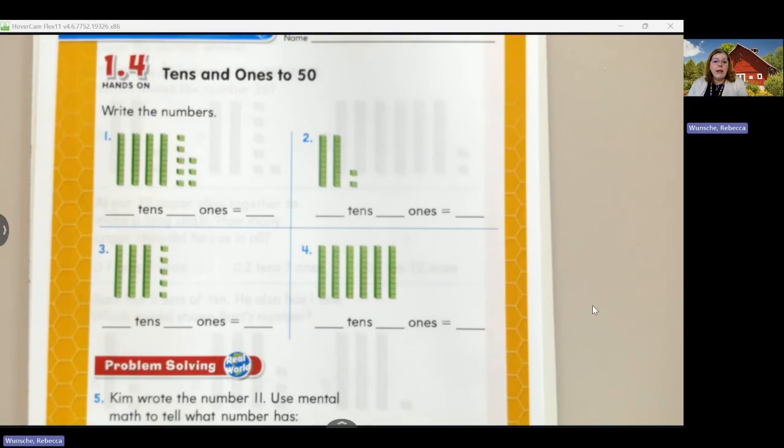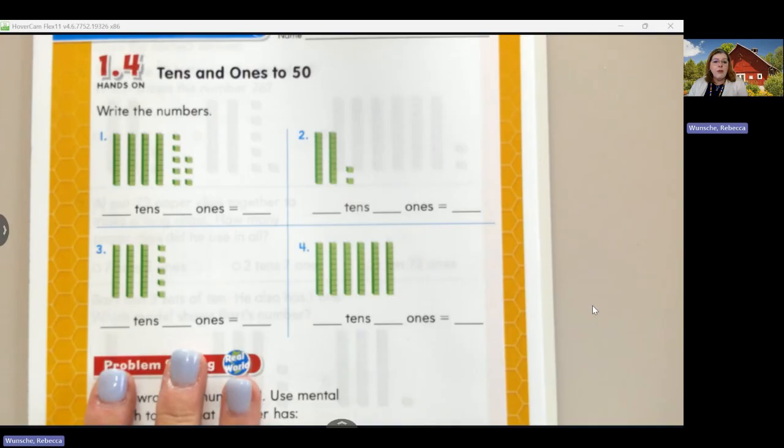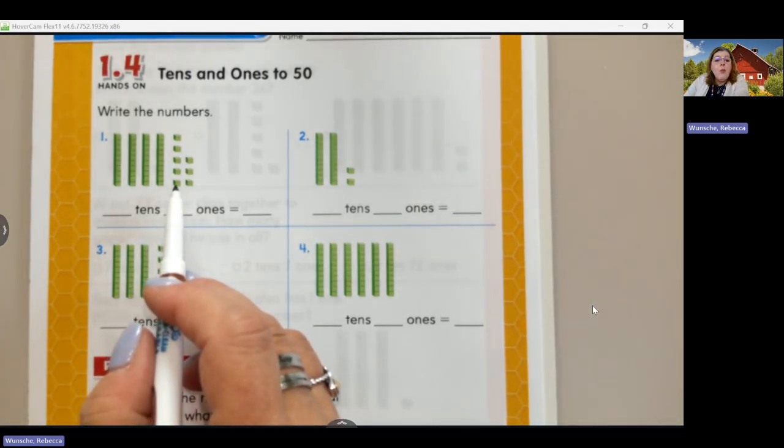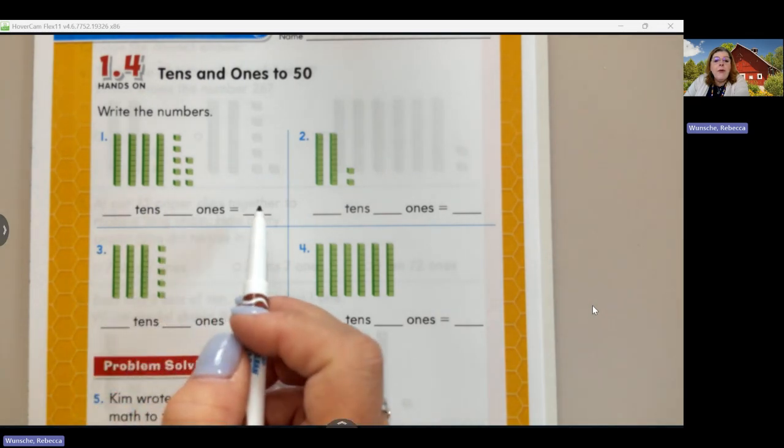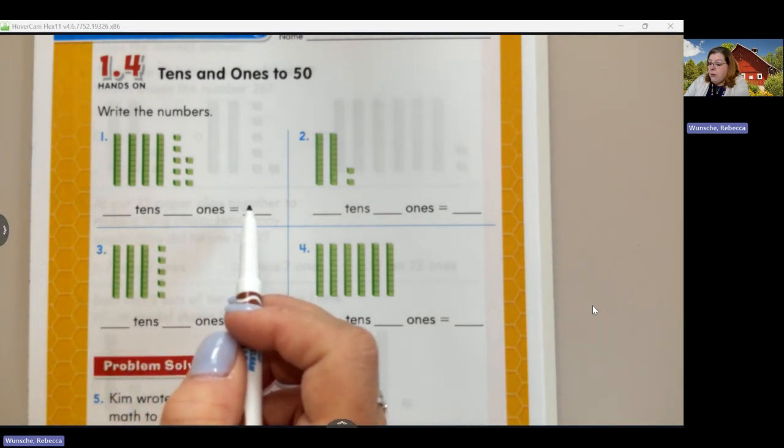So we're going to take a look at these numbers that are represented to us in pictures of base 10 blocks. When we look at these, we're actually talking about the number of tens and the number of ones that we see represented. Then we're going to put those together and write our number in standard form.